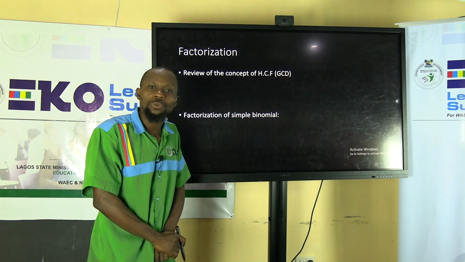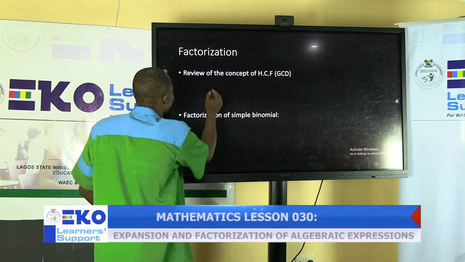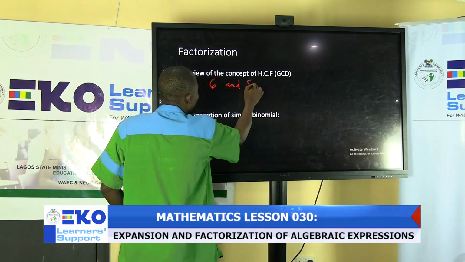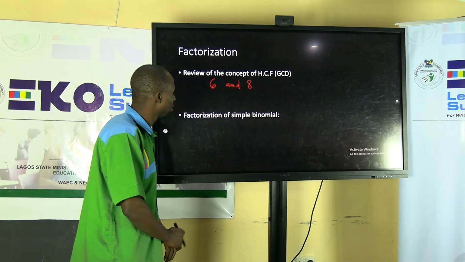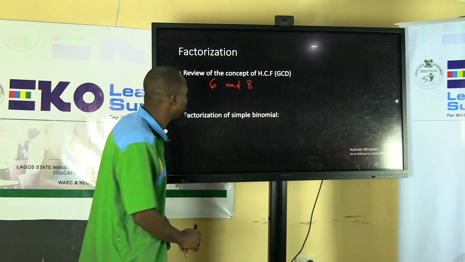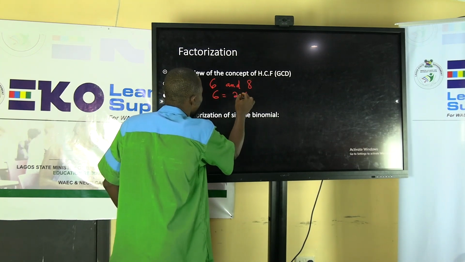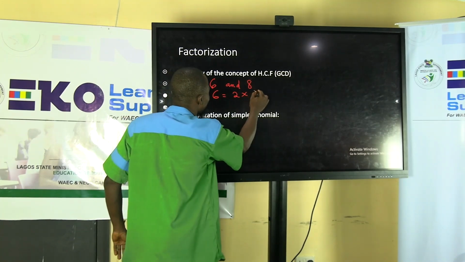We also need to review the concept of highest common factor, which we also call greatest common divisor. Remember, if you have 6 and 8, and we need to find the HCF, we have several methods of doing that. The one that is common is expressing 6 as the product of its factors, which is 2 times 3.